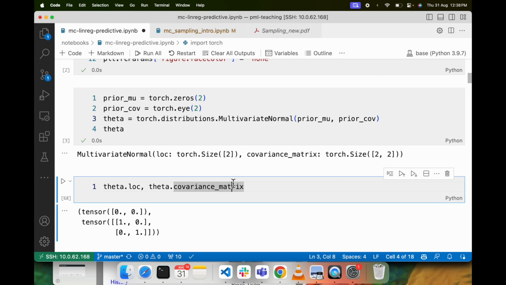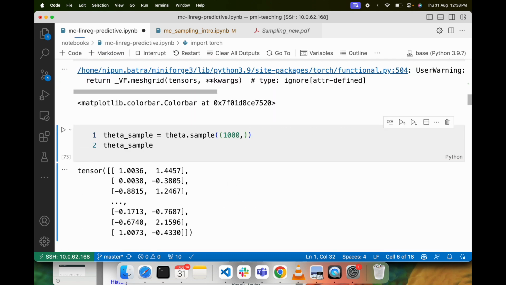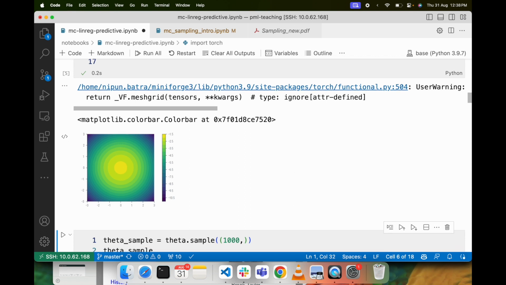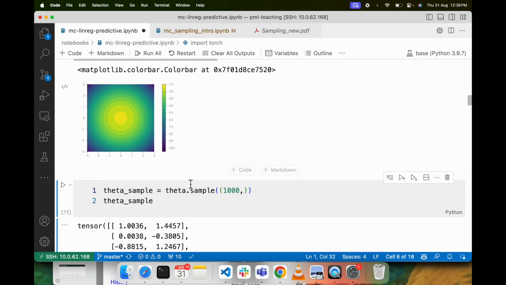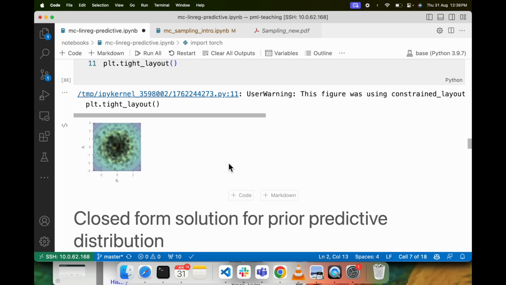We can also just verify what we get. We can also plot the contour plot corresponding to the prior, and we've been doing this for a long time now. We can get some samples from the prior distribution, right? So in this case, I'm just calling theta dot sample, and I'm generating 1000 samples from it. First, let me actually show you what these samples might mean.